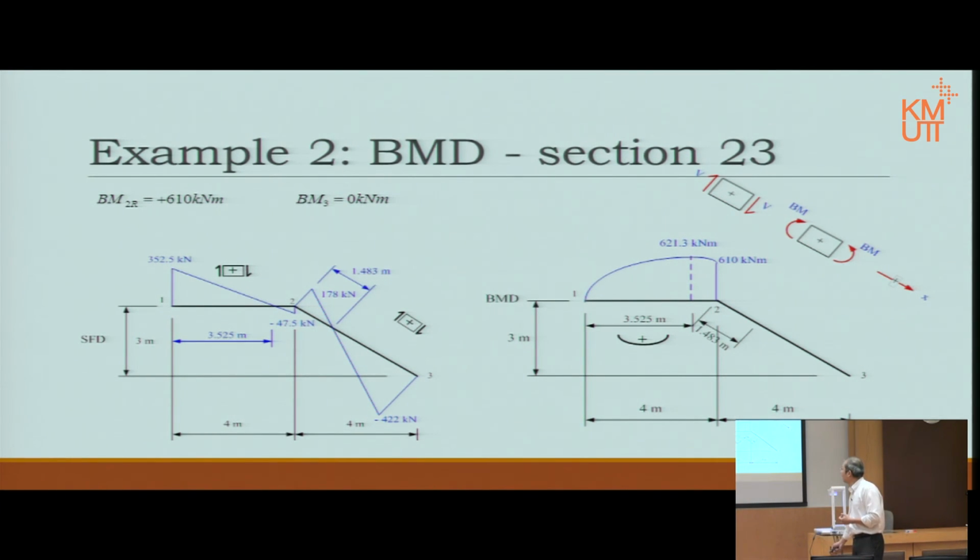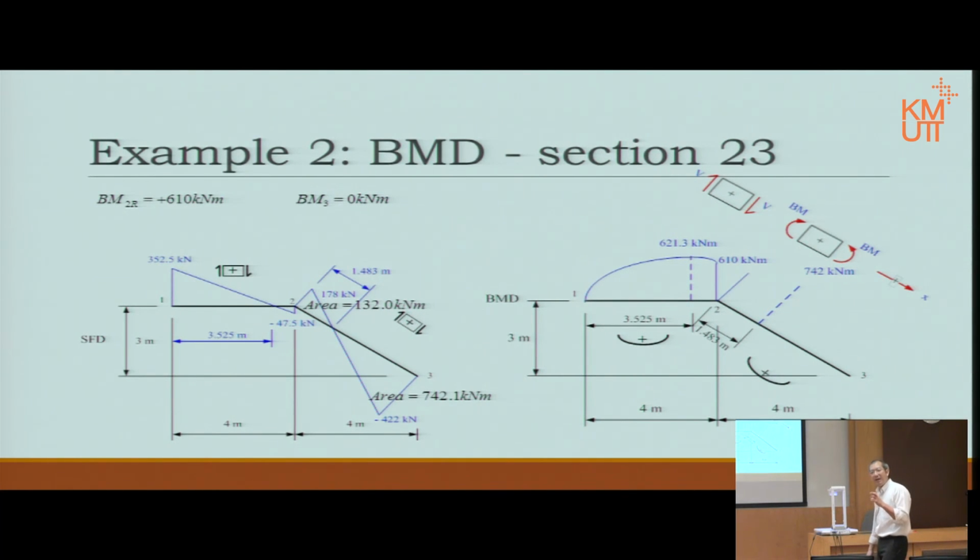The same way, calculate the first part first. That one is 610, as we just talked about. Then the area. That area is equal to the change in bending moment, right? So you just plot that area onto 610. And then the last part of the area is a negative area.